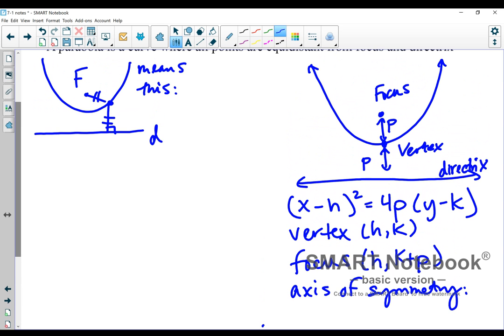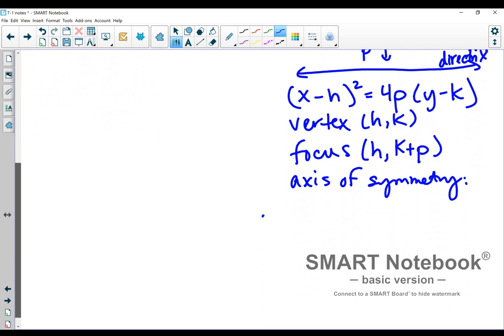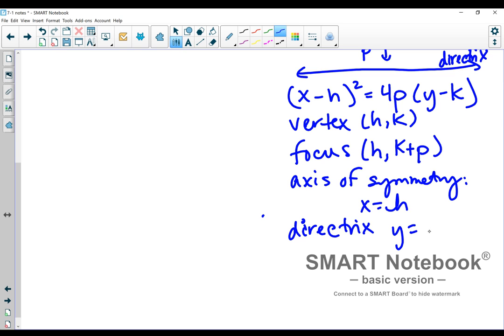If I was going to draw my axis of symmetry, it would be the line that the focus and the vertex lie on, and that would be x equals my x value at the vertex, x equals h. And the last thing would be my directrix. My directrix is a horizontal line, so it'll be y equals, and it is p units down from the vertex, so it will be at k minus p.